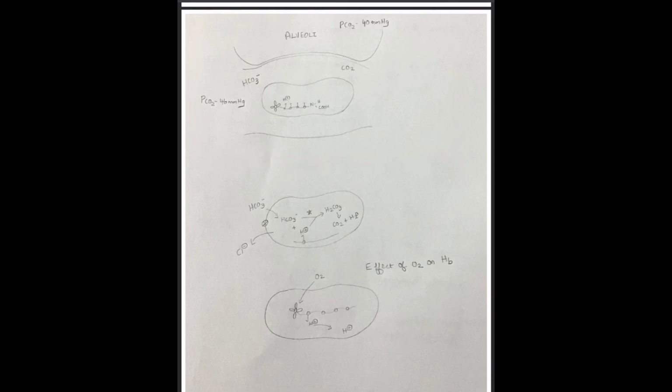When oxygen molecule from the alveoli of the lungs is transported through the pulmonary capillaries into the blood plasma, then into the RBC, this carbon dioxide will automatically move outside. We have discussed this earlier.